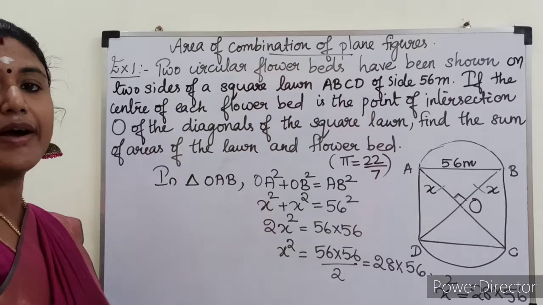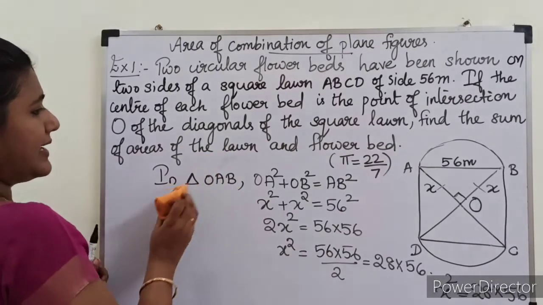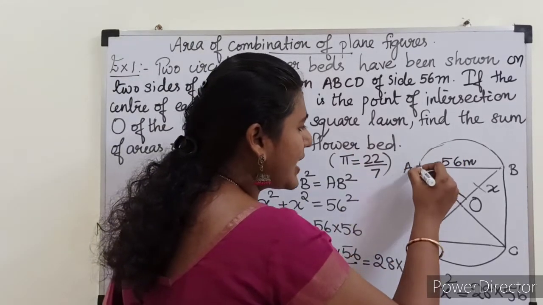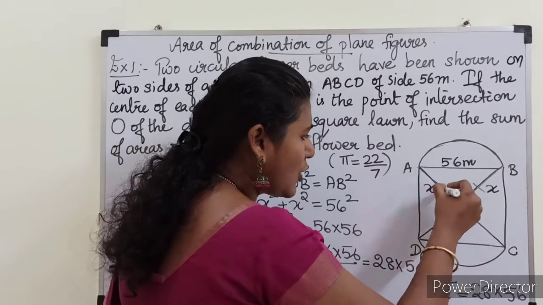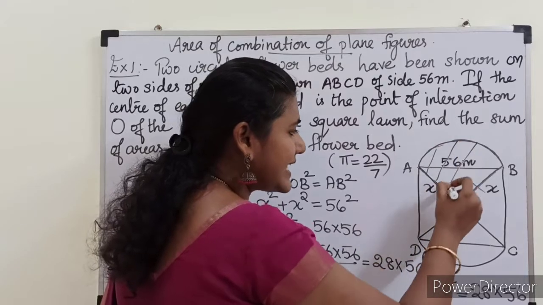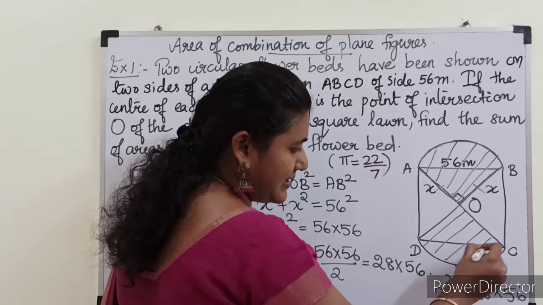Now we are going to find the total area of the lawn and the flower bed. If you consider this portion alone, we can call it a sector. So this region is a sector of a circle, and in the same way this is also a sector.